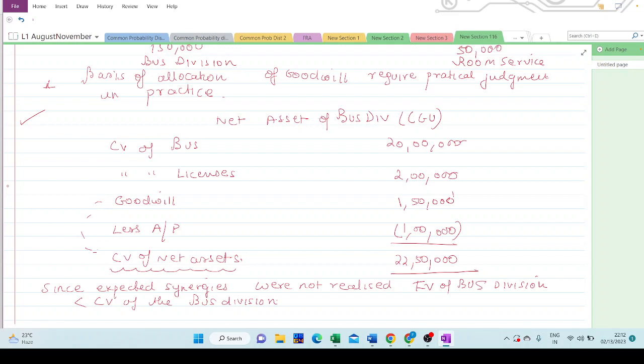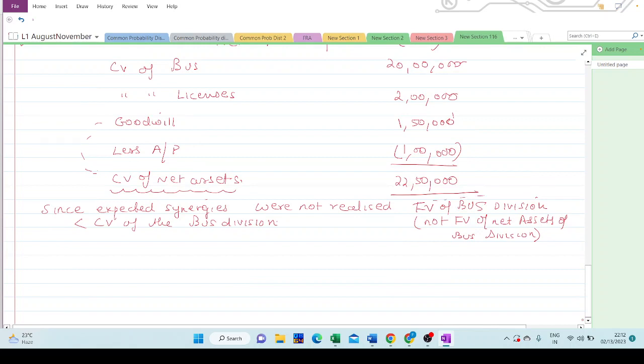Please write a note here: not fair value of net assets of the bus division, but fair value of the bus division, or basically market value of the bus division. Market value will help you make out the difference between the fair value of the bus division and the fair value of net assets of the bus division.